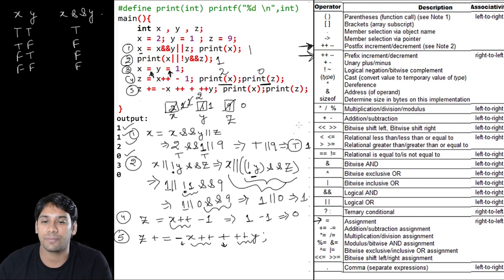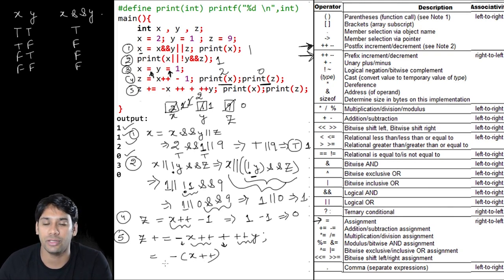Now if you see the precedence table, you will find that the post increment operation has more precedence than the pre-increment operation, and the pre-increment operation has more precedence than the unary minus. The binary plus has lower precedence than that, and the plus equal to, the addition assignment statement, has the least precedence. Now if we group the statements, first of all we are going to calculate this post increment, that is x++.